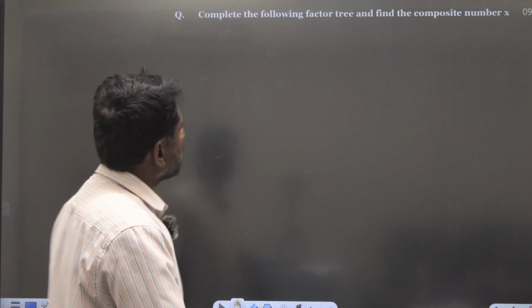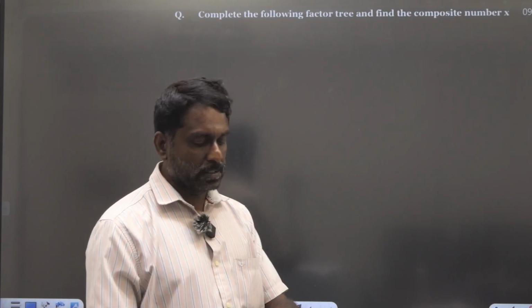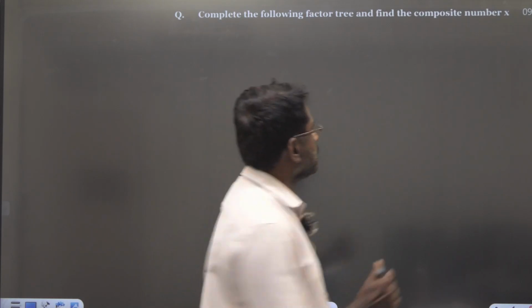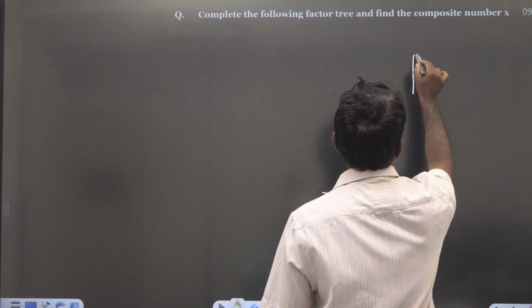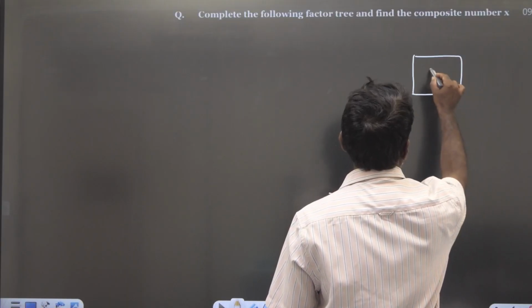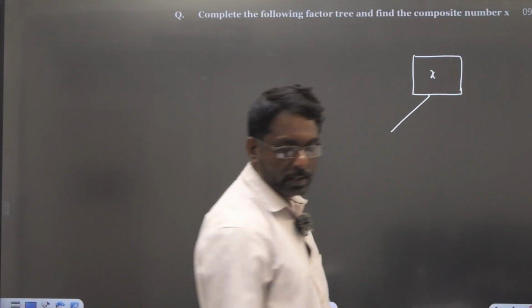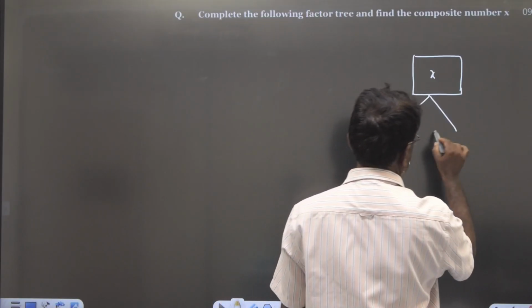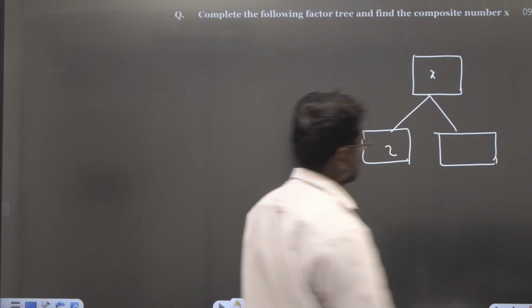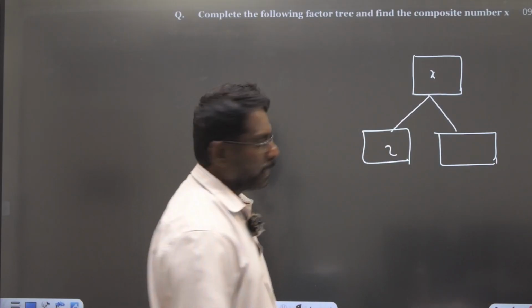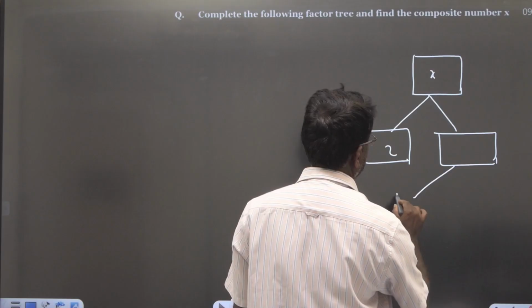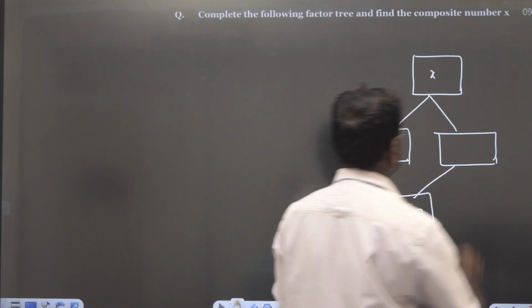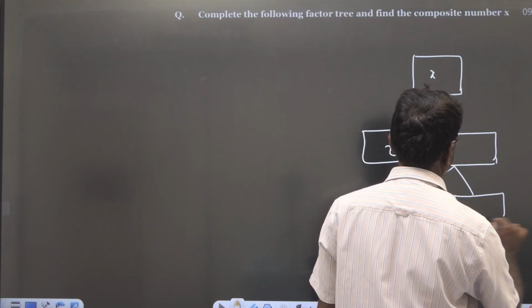Complete the following factor tree and find the composite number. I can give you the factor tree. That is x, and also given is 2; this box is not given. Again 3 is given, and this one is not given.